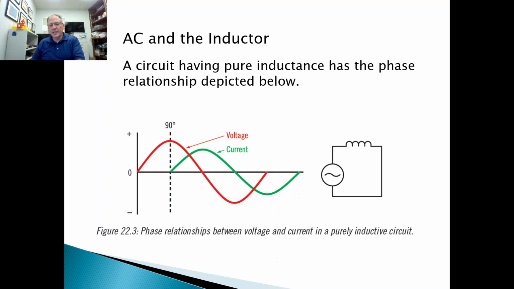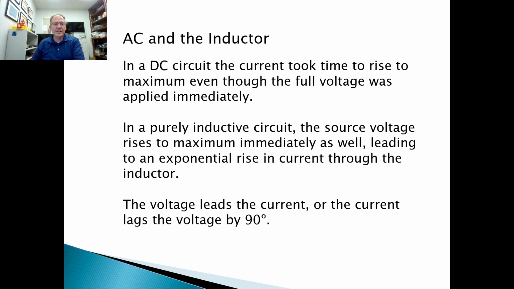In a DC circuit, the current took time to rise to maximum even though the full voltage was applied immediately. In a purely inductive circuit, the source voltage rises to a maximum immediately as well, leading to an exponential rise in current. So the voltage leads the current, or the current lags the voltage by 90 degrees.